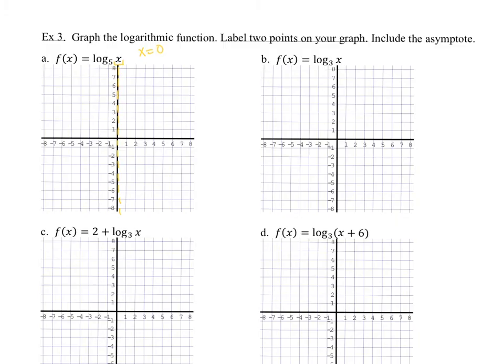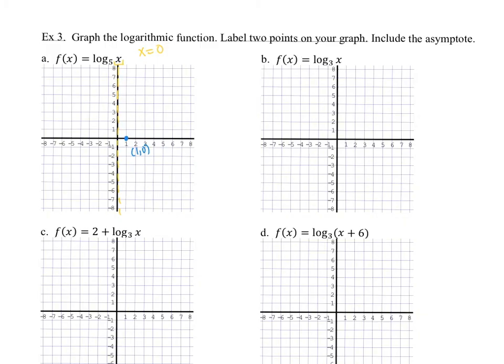Okay, now I just need 2 easy points. I normally start with 1. Log base 5 of 1 is 0, which means 1, 0 is a point on my graph. Because this is log base 5, I want to pick a number that works with log base 5. So I'm going to use 5.